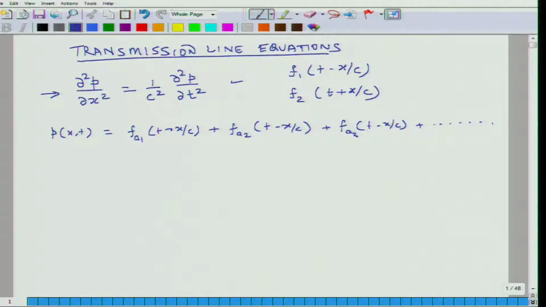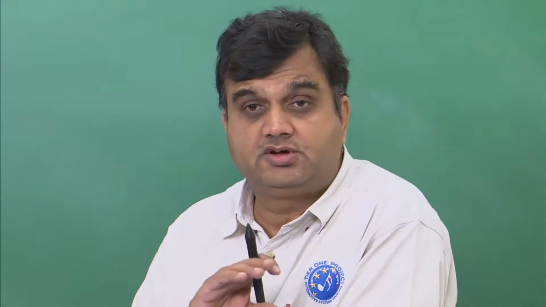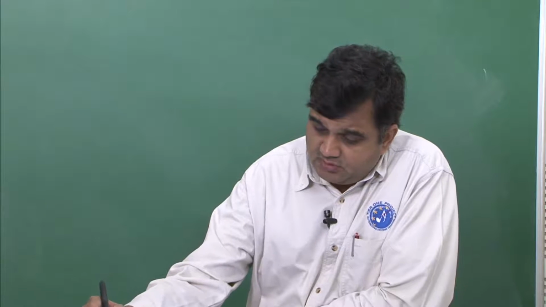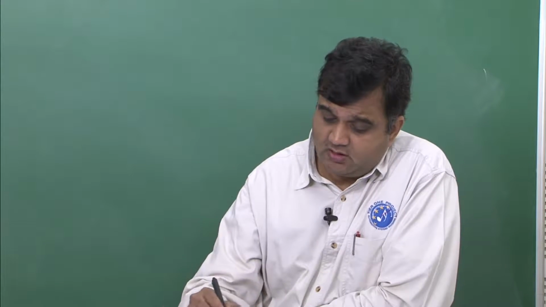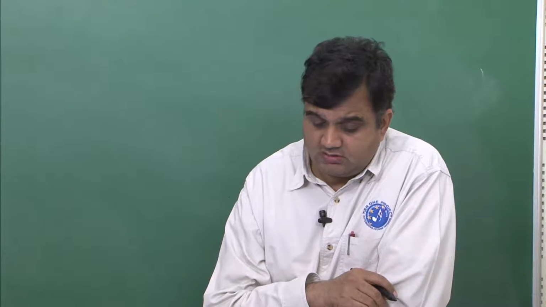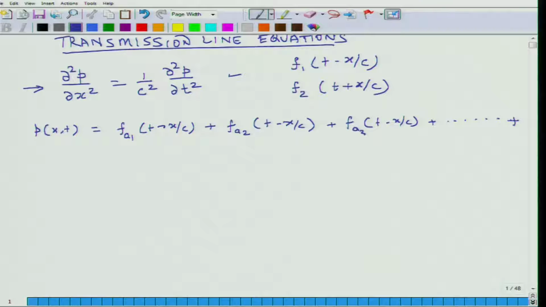Each of these functions FA1, FA2, FA3, FA4 and so on and so forth represents a sound wave traveling in the positive x direction. I can add some more terms to this solution. All these terms represent sound waves traveling in the positive x direction, but as we had discussed, waves could also be traveling in the negative direction.